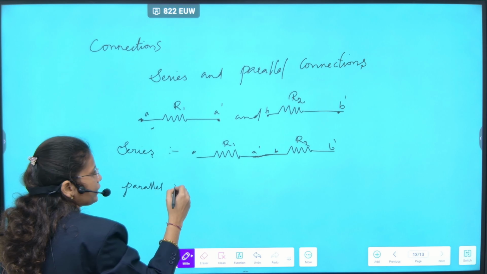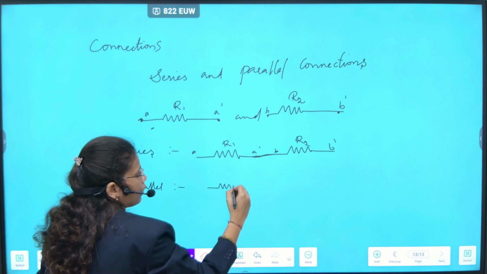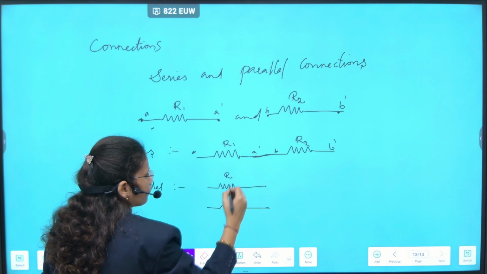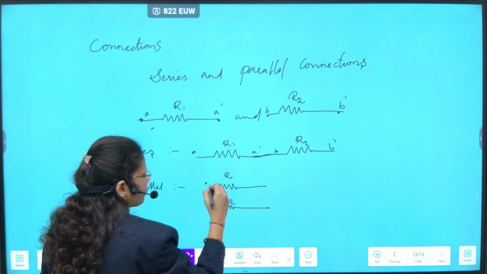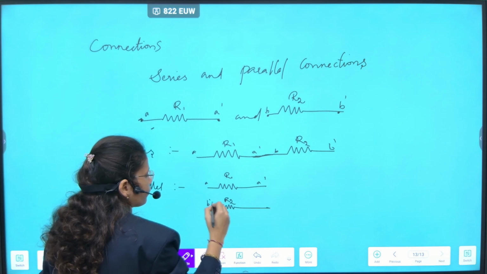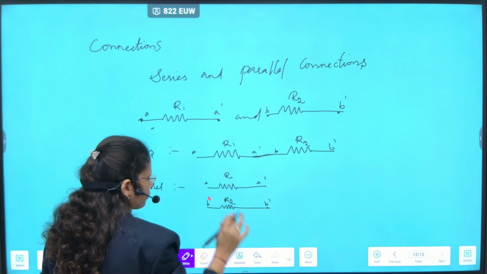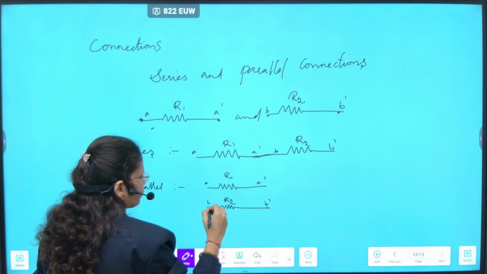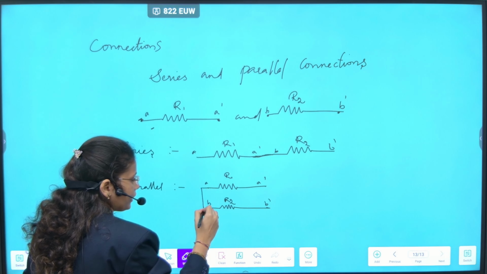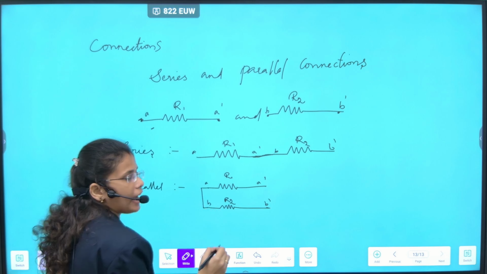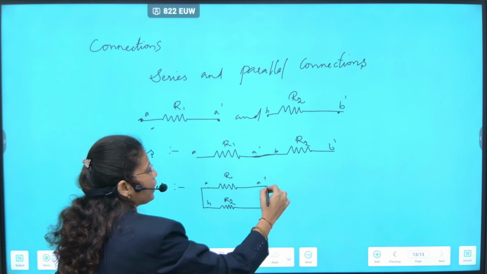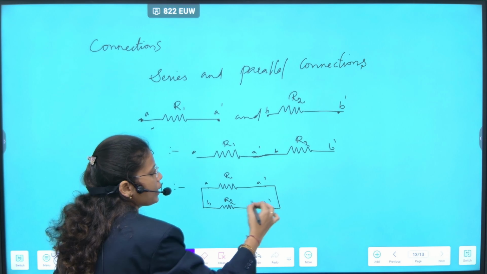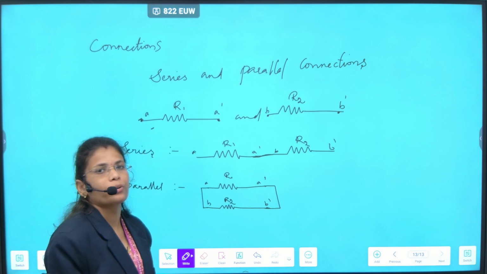In parallel connection, the starting end of the first element and the starting end of the second element, and the ending end of the first element and the ending end of the second element are connected together.